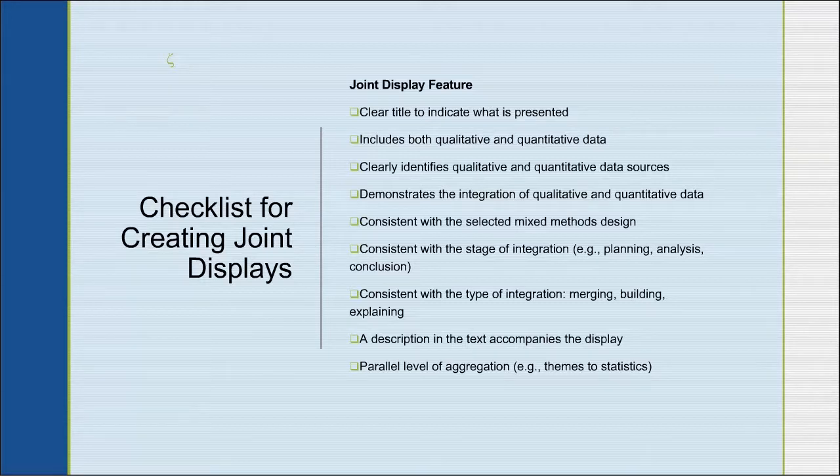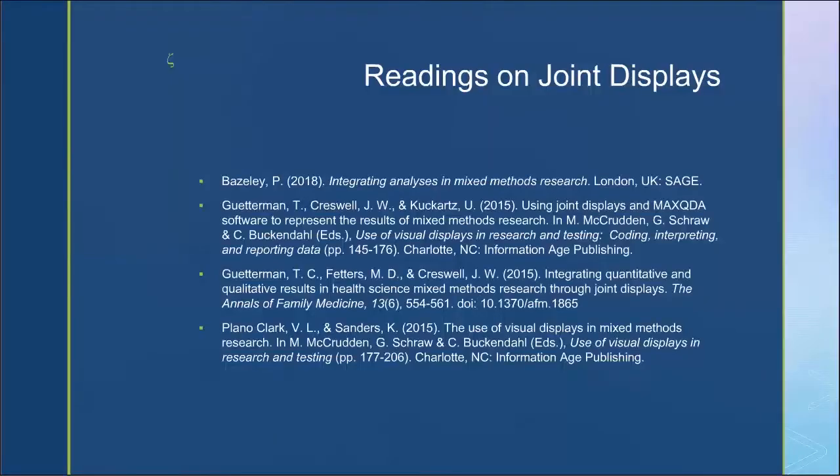So you create a joint display and then write a paragraph discussing your integration and integrated results. And finally, you might think about parallel levels of aggregation. A theme is a broader level, kind of like a statistic or a p-value. So be wary of criticism that might arise if you're trying to compare quotes, which are really more raw data, with, say, a statistic.